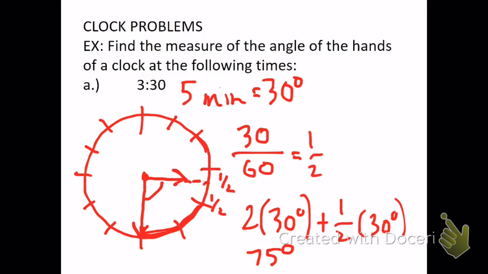No questions. Okay, let's do another one. Let's do 9:10. I want to do 9:10 because it deals with a fraction that I want to show you how that works.